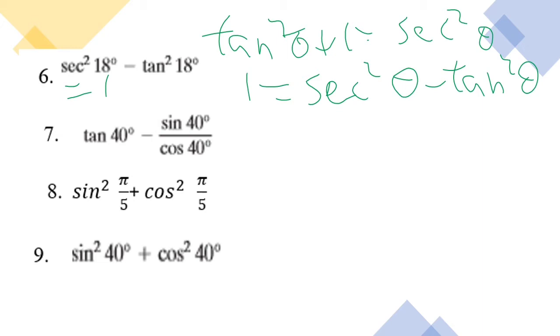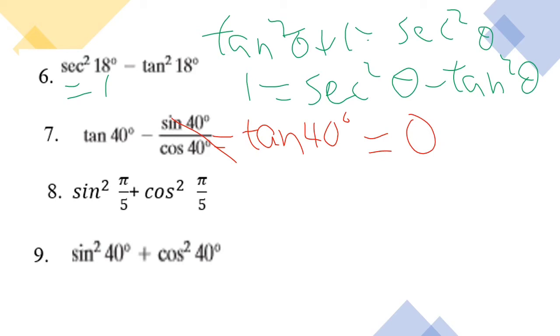Let's look at number 7. Number 7, we have tan 40 minus sine 40 over cosine 40. I know that sine over cosine of an angle is equal to tan, so I can rewrite this as tan 40. And so I end up with tan 40 minus tan 40, which is equal to 0.